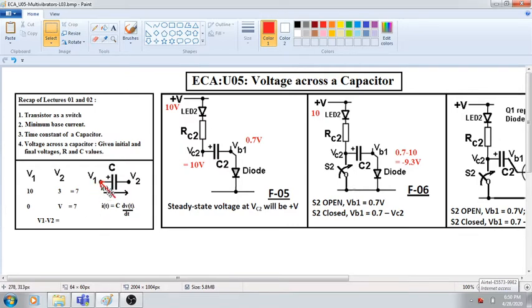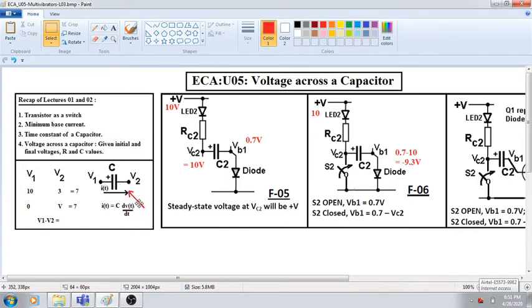If V1 becomes 0 from 10 suddenly, what will be the voltage at V2, provided earlier the voltage at V2 was 3 volts? Let me repeat the question. At the input side, this is 10 volts, here it is 3 volts. If this 10 volts has suddenly become 0, what will happen to the voltage here? Earlier it was 3 volts. What will be the new voltage now? That is the question.